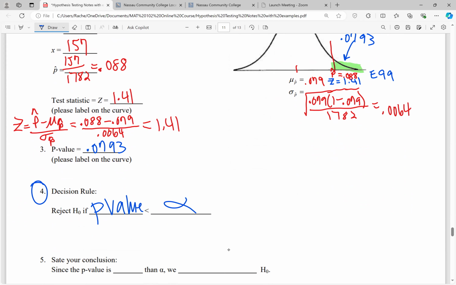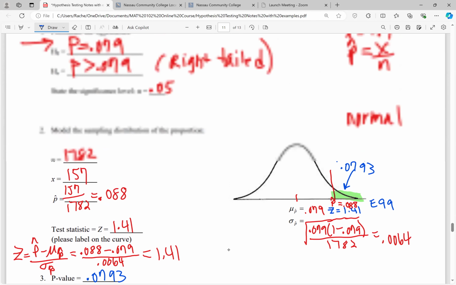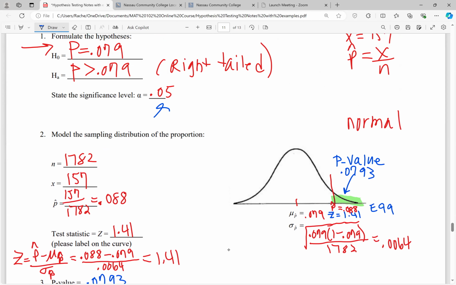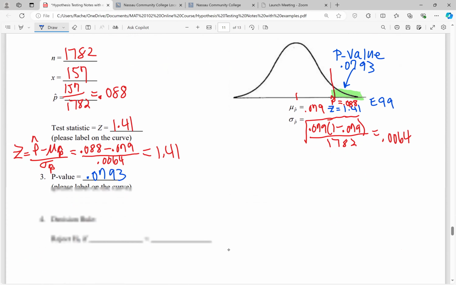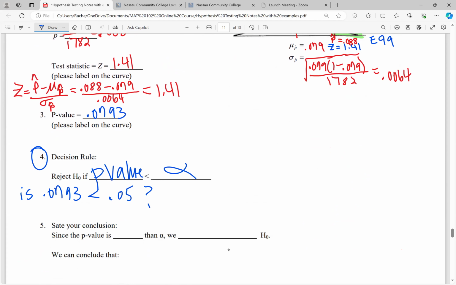It's the same for any type of test. This rule will never change. So is 0.0793 less than my alpha level of 0.05? Because look up here, my alpha is 0.05. It's not though. 0.0793 is not less than 0.05.